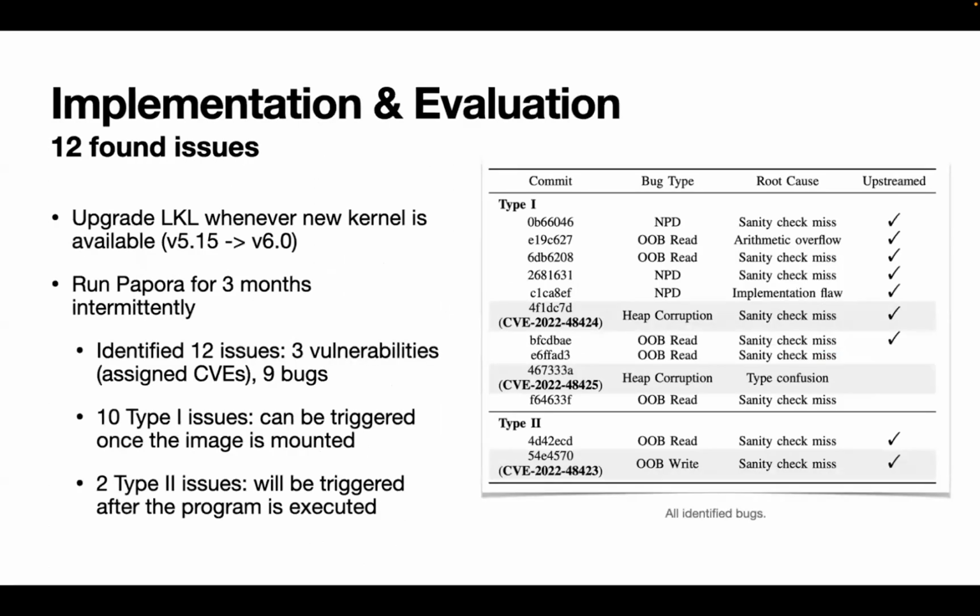I think KASAN is a key component to find the heap corruption bugs. So I think it's necessary, and if we don't integrate KASAN, we cannot find these two bugs.